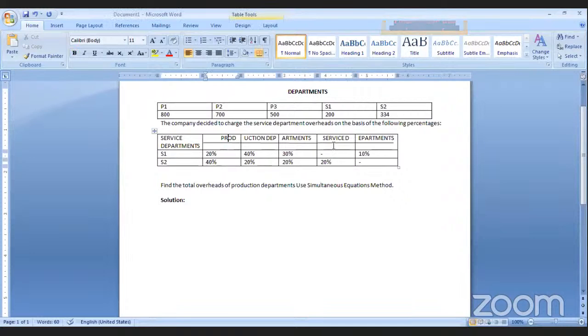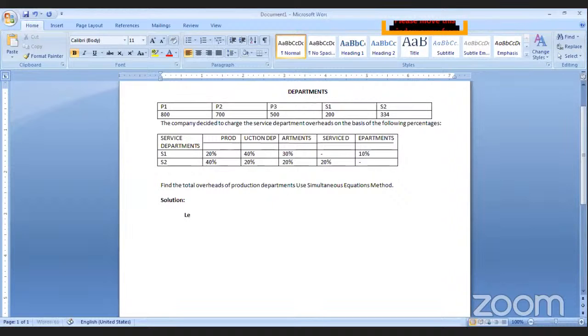In production departments, I mentioned this is P1, P2, P3, S1, S2. These are service departments. We do not know how much we have to allocate, apportion, for the expenses in the service departments.